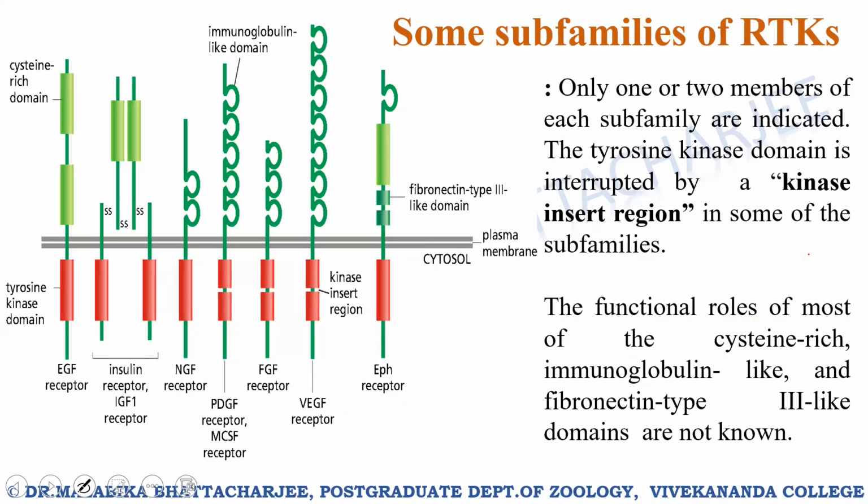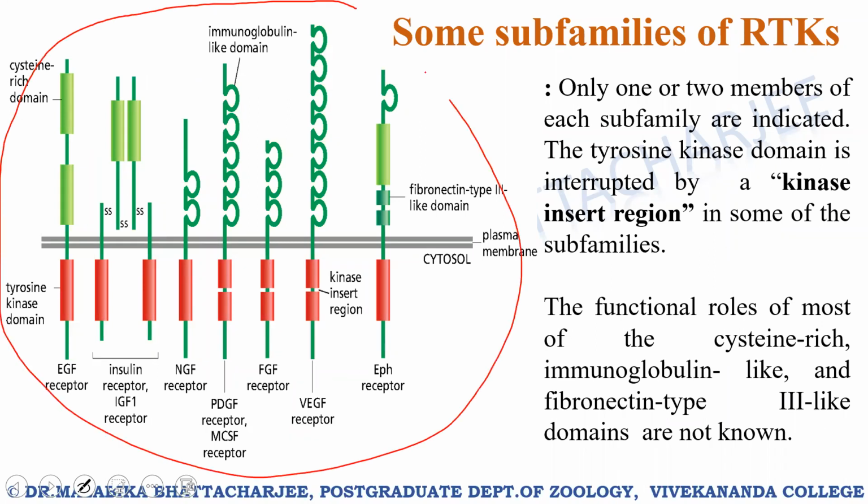Now, as I was talking about the subfamilies of RTKs, this is a broad schematic diagram showing you the different receptor structures of the subfamilies, and you can see that all these receptors, look at the red color, invariably have this tyrosine kinase domain. Invariably, all the receptors have this red color block at the intracellular side.